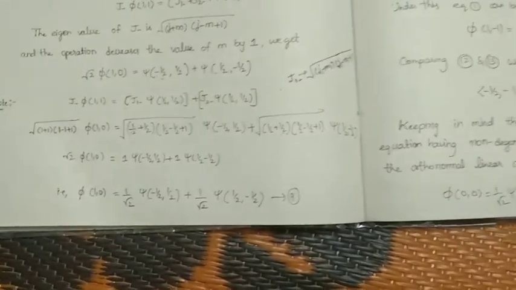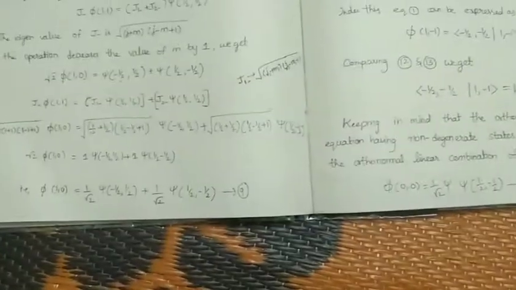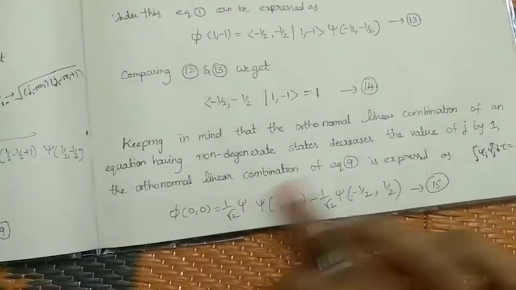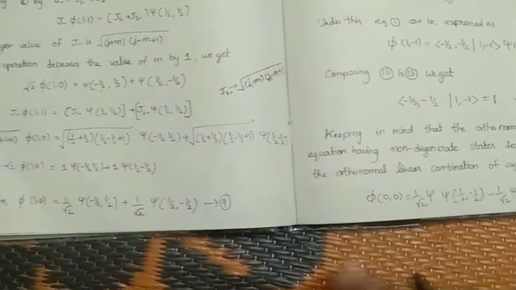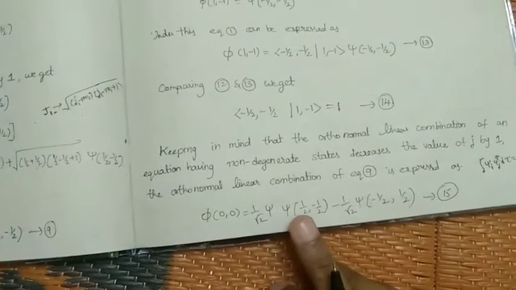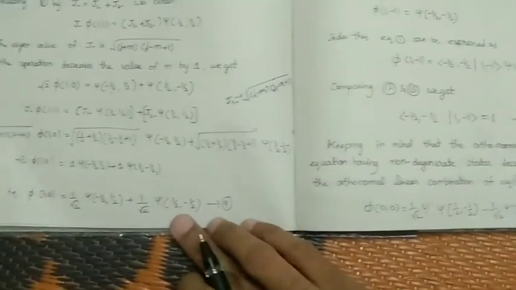So we would multiply this function with this function. If we do the conjugation, the 1 by root 2 would remain the same. So it has to be designed in such a manner that multiplying these two we get 0. So for xi of half comma minus half, here it is 1 by root 2, here also it is 1 by root 2.